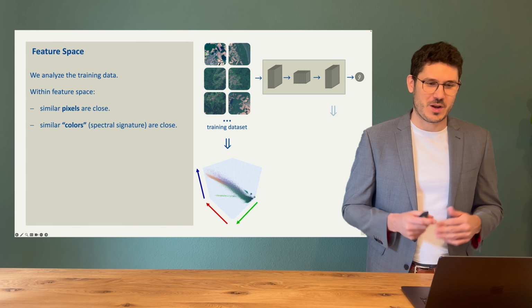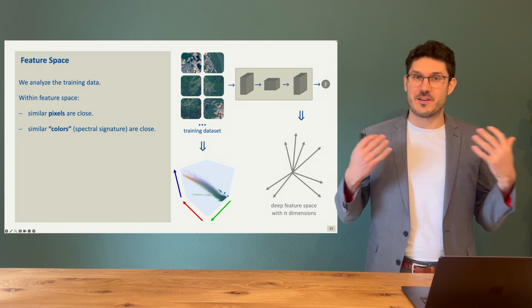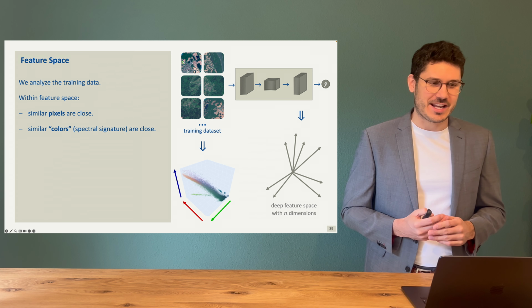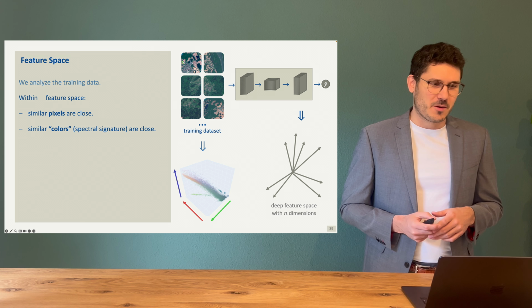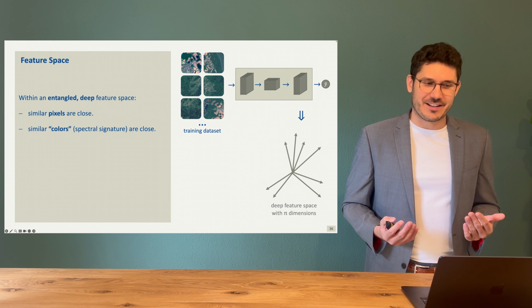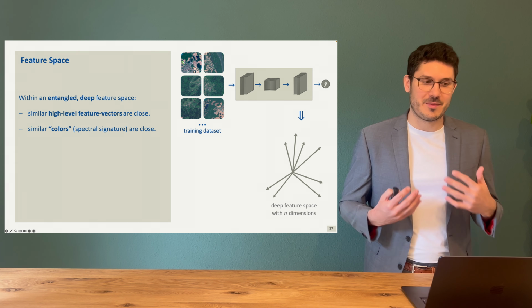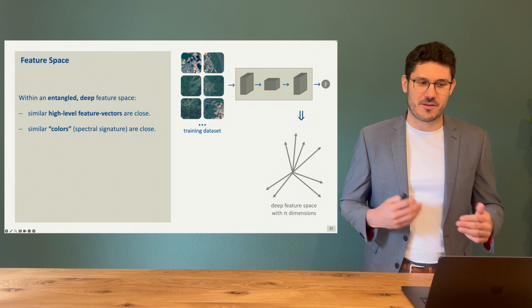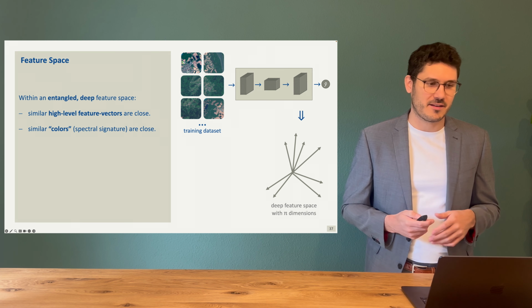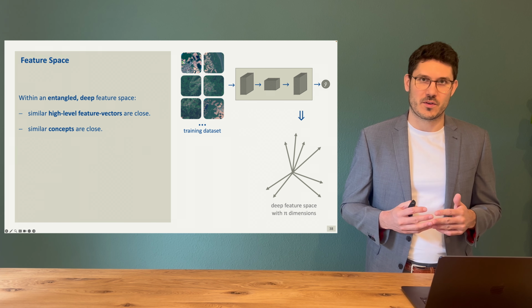And if we bring that idea to a deeper layer, of course we have a feature space with a high number of dimensions, but the statements are quite similar. We would say within an entangled deep feature space, not similar pixels, but similar high-level feature vectors are close, and high-level feature vectors don't have colors, but they represent concepts which are close.